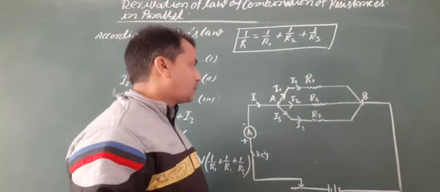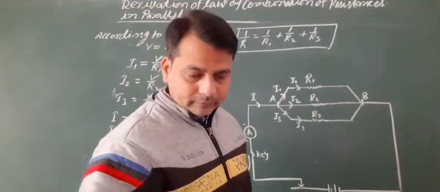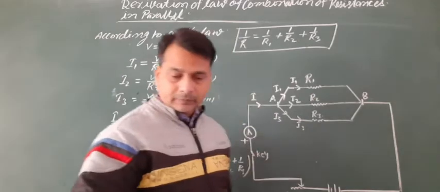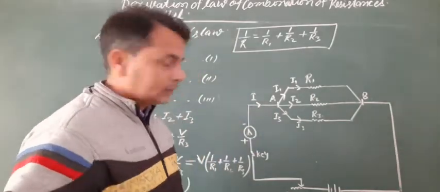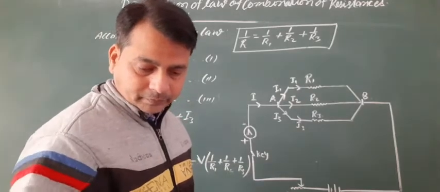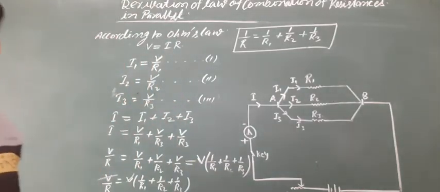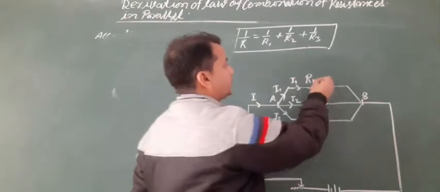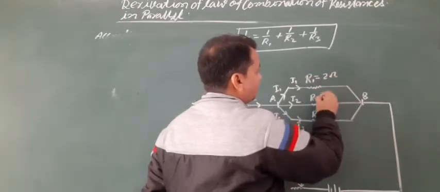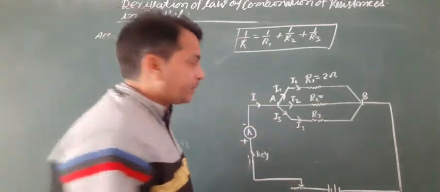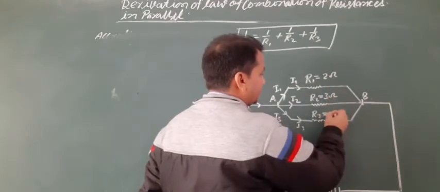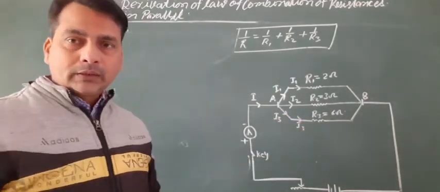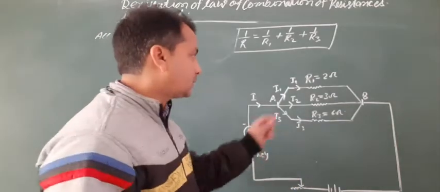Let's take an example. Suppose there are three resistors used: R1 equal to 2 ohm, R2 equal to 3 ohm, and R3 equal to 6 ohm. So R1, R2 and R3 are in parallel combination.